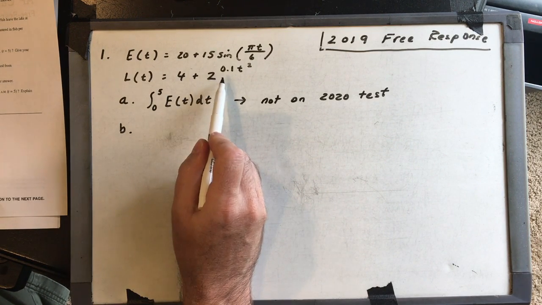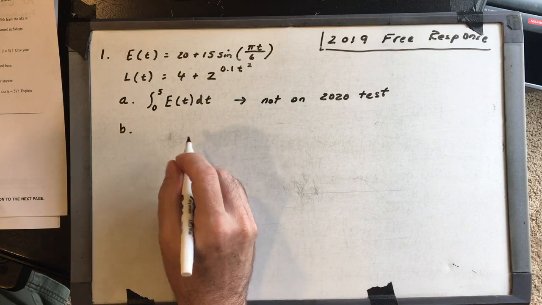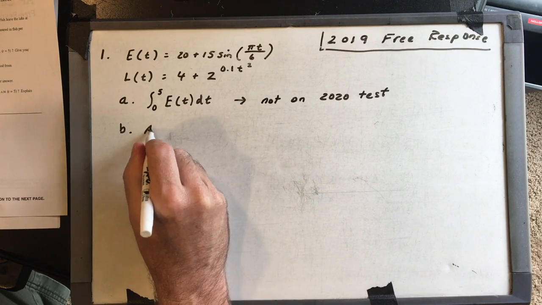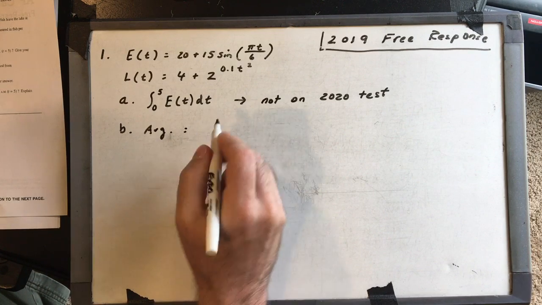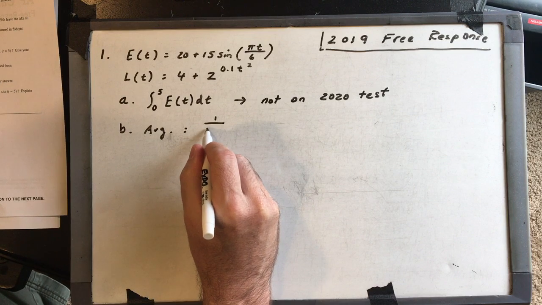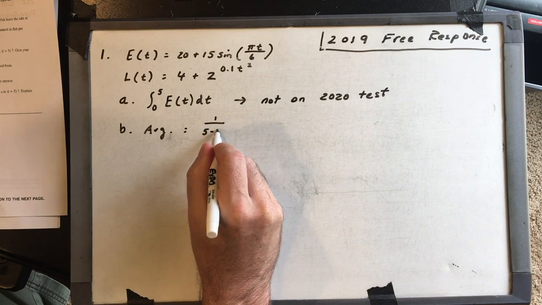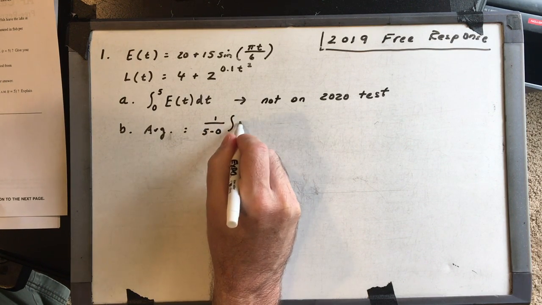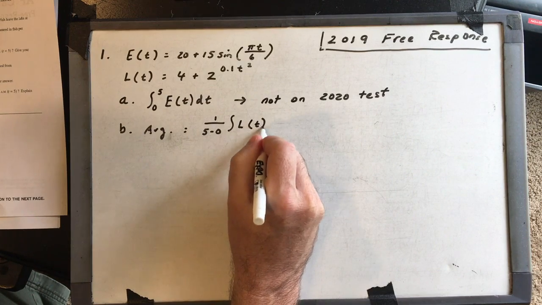However, they could give you a function that you would have to do by hand. So the average is going to be 1 over (b minus a), so 1 over (5 minus 0), times the integral of L of t dt.